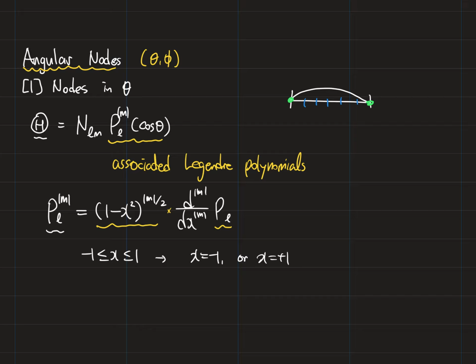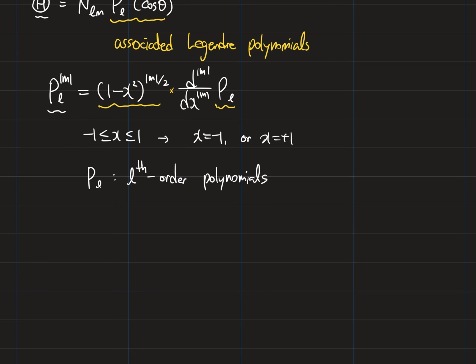And we need to examine the Legendre polynomial P_L. This is the L-th order polynomial, which means P0 is just a constant, P1 has the highest term x, and P2 has the highest term as the quadratic term, something like this.